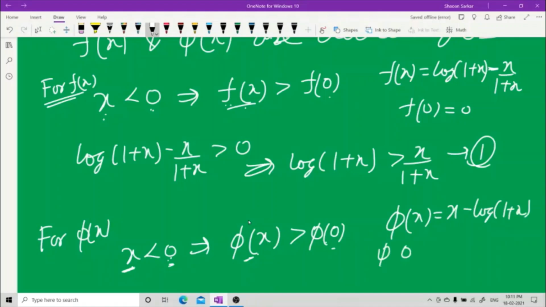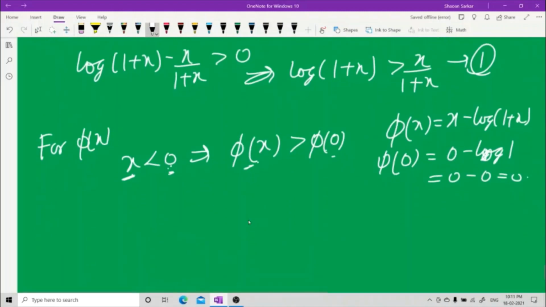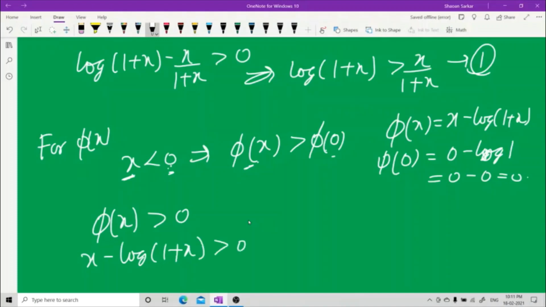Now phi(0) is equal to 0 minus log 1, which is nothing but 0 minus 0, which is 0. So you have the condition that phi(x) is greater than 0, that is, x minus log(1 plus x) is greater than 0, which implies x is greater than log(1 plus x).